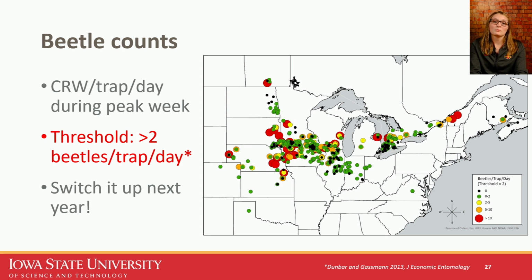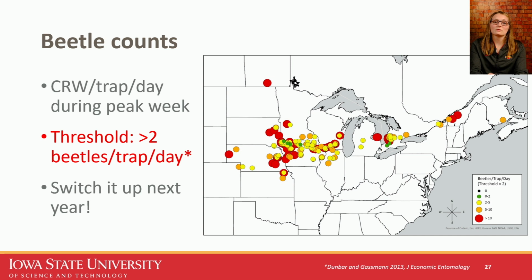Just to see that a bit more clearly, we can take away those green dots, and this map shows all of those sites that exceeded the trapping threshold. I think this accounts for about 29% of the sites being over that 2 beetle per trap per day threshold.